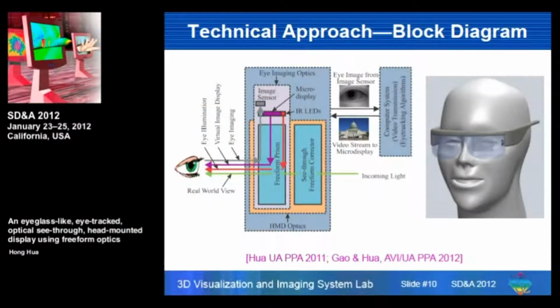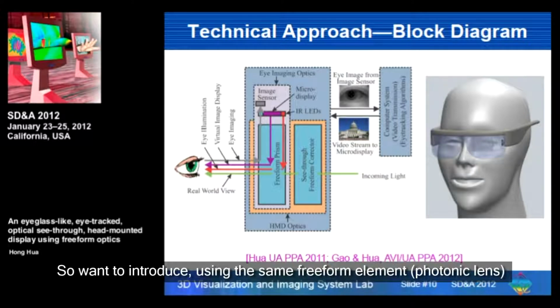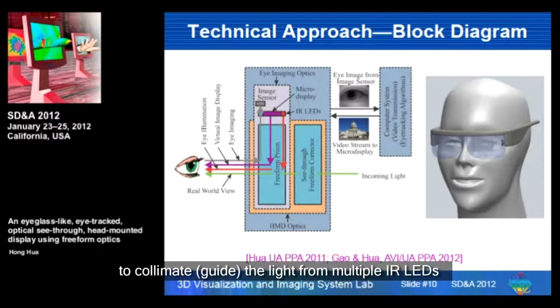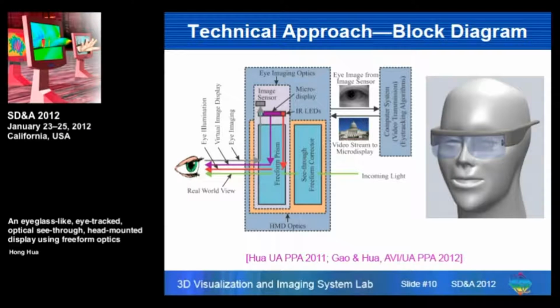So let's go. We want to use the same freeform element to collimate the light from multiple LEDs in order to illuminate the eye uniformly and creating the features we want to track. So that's the second function of the photonic element.